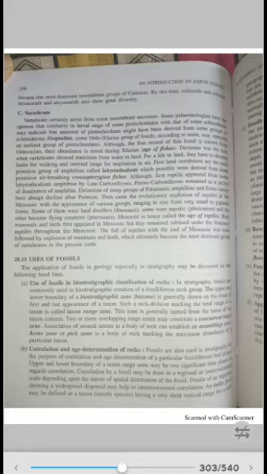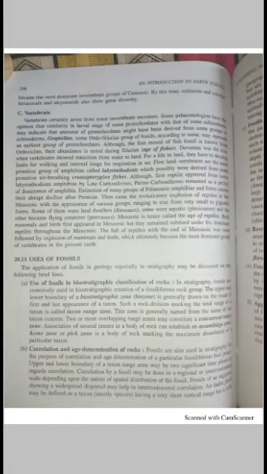Now the second use is correlation and age determination of rock by use of fossils. Fossils are also used in stratigraphy for the purpose of correlation and age determination of a particular fossiliferous bed or zone.